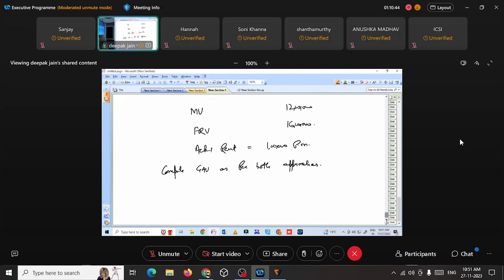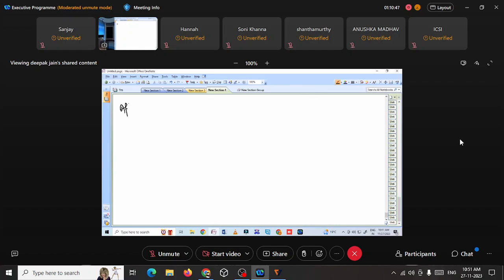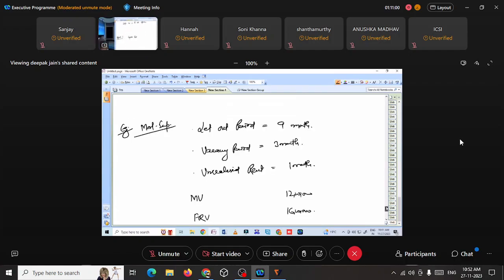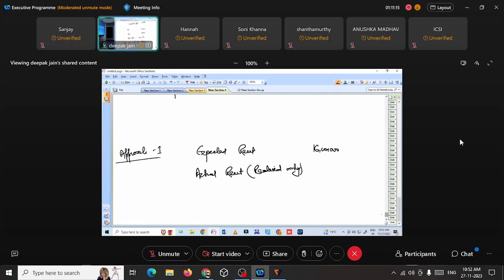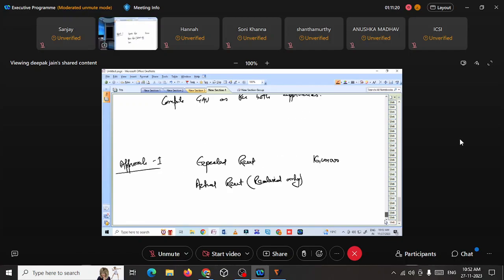Approach one says, expected rent for whole year. What is my expected rent? 16 lakh. Actual rent, realized only. So my actual rent is 1 lakh into 9 months for let out period.